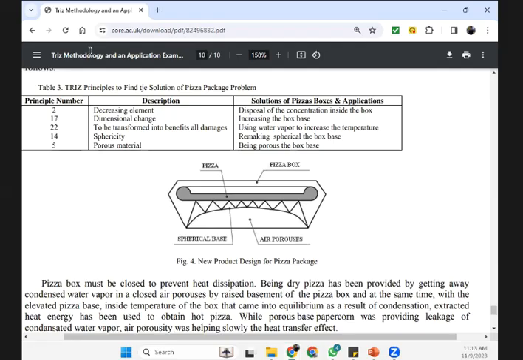But you see that there is a process. You have a problem that the pizza is not fresh anymore as it is put in the package for a very long time. You want to maintain the freshness of the pizza, the thickness. So to maintain that, you have problems, and then you go through the TRIZ method, discuss, design, study the voice of the customer and everything.